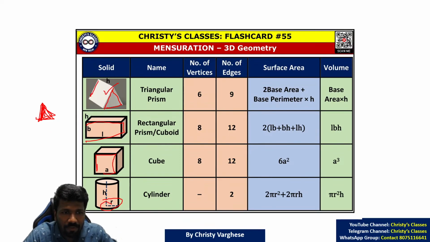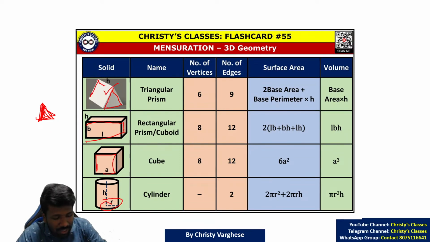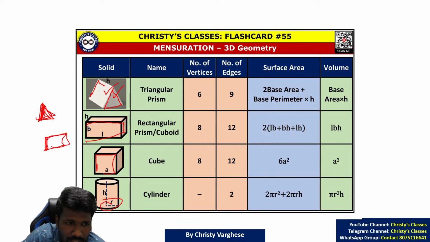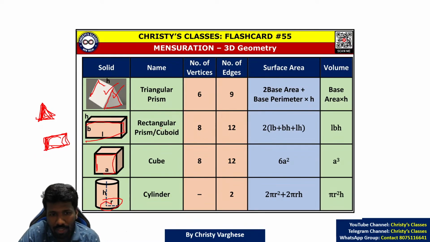The prism you had in the physics lab in school days, a triangular prism, or it can be a rectangular prism. Rectangular prism means you are piling up similar rectangles one over the other. So that is a rectangular prism.